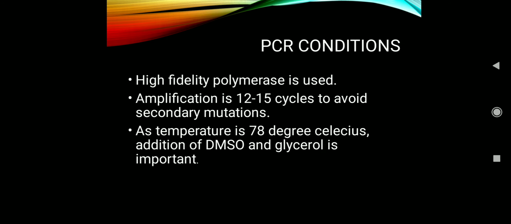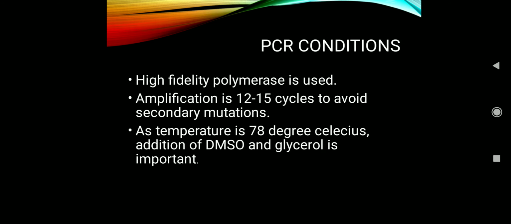Usually in PCR we go for 30 cycles of amplification, but here we carry out only 12 to 15 cycles, because if we carry out more amplification cycles, it might lead to secondary mutations. To avoid that, we do not allow it to go for 30 cycles.